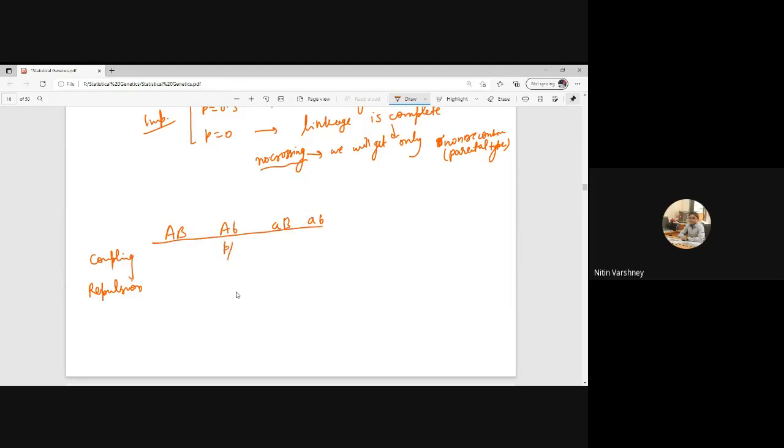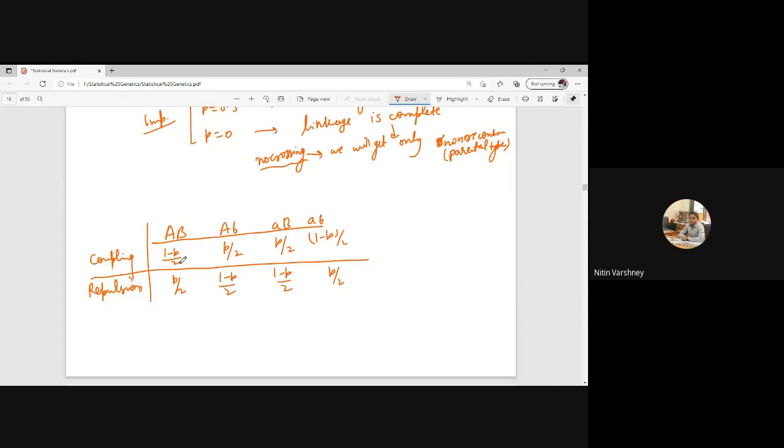So I am writing p by 2, p by 2, and 1 minus p by 2, 1 minus p by 2. So these are nothing but probabilities. Similarly, in case of repulsion, these are my recombinants, so this will be p by 2, p by 2, 1 minus p by 2. So this we have to remember. These are the probabilities.